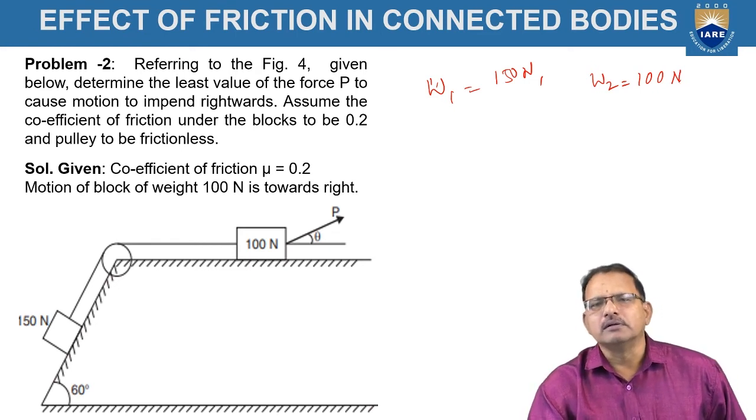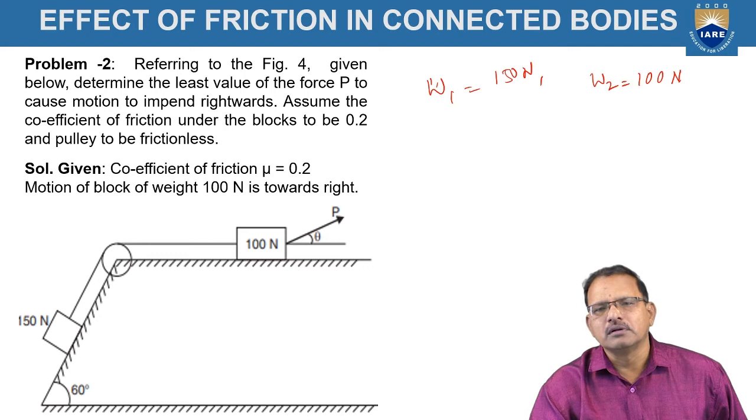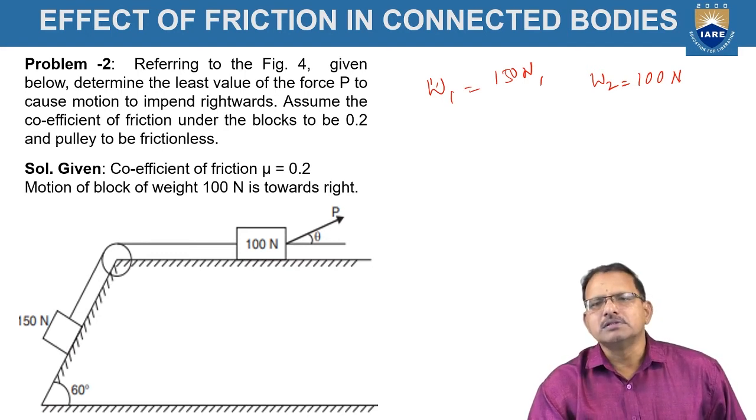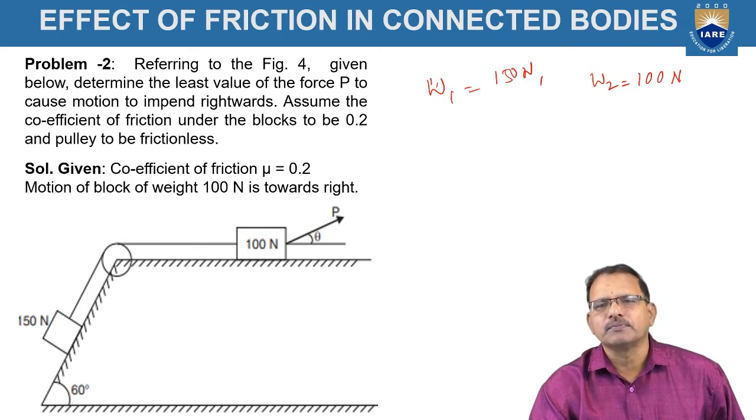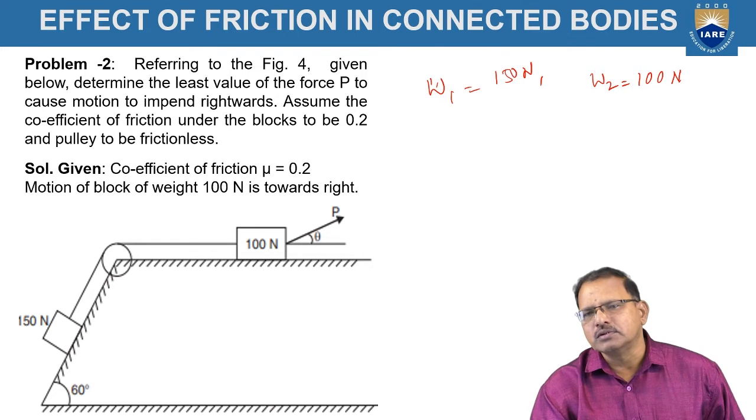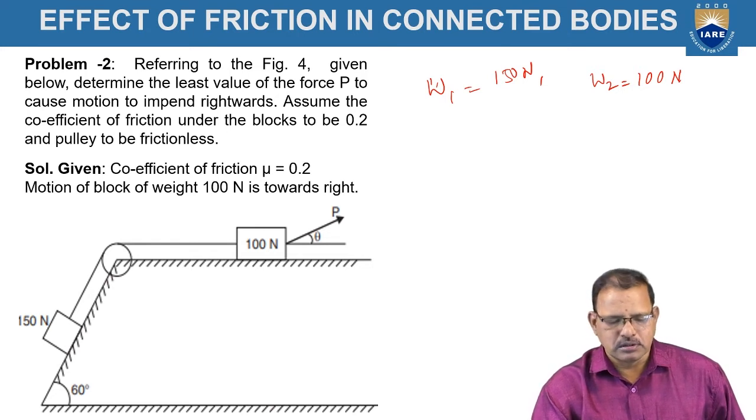The inclined plane is taken at 60 degrees. Since the body is about to move toward the right side, the frictional force always acts in the opposite direction in which the body tends to slide, that means toward the right side.